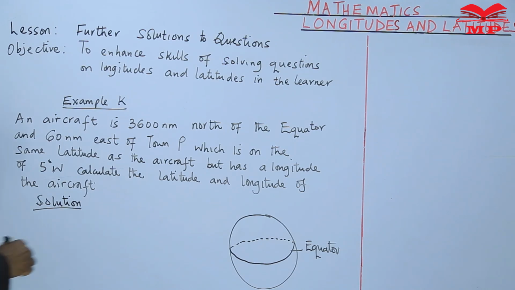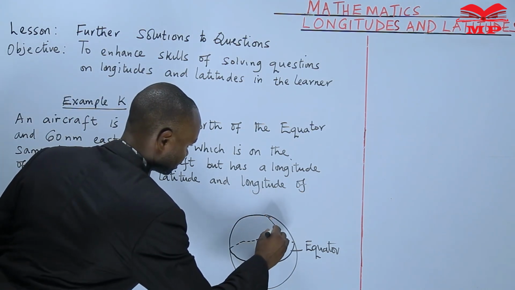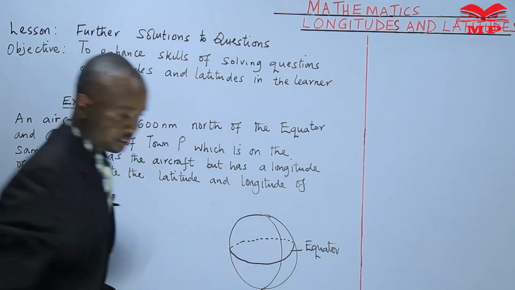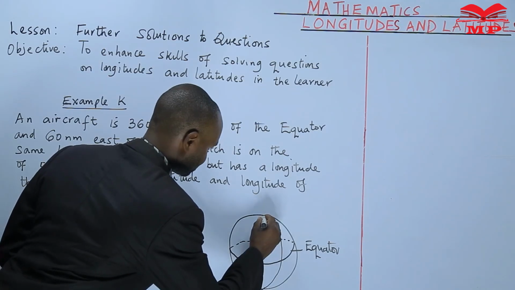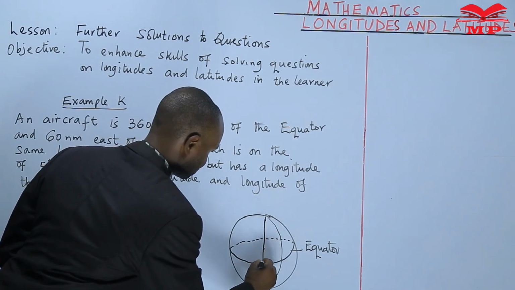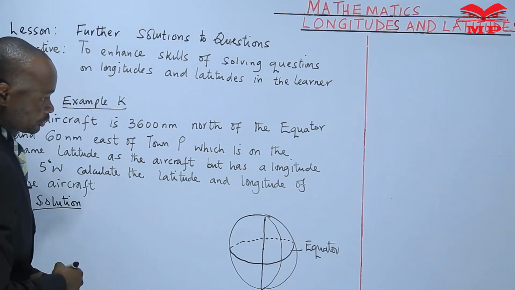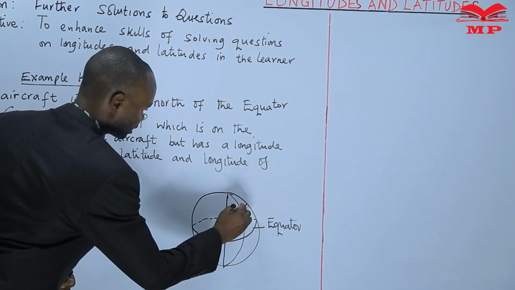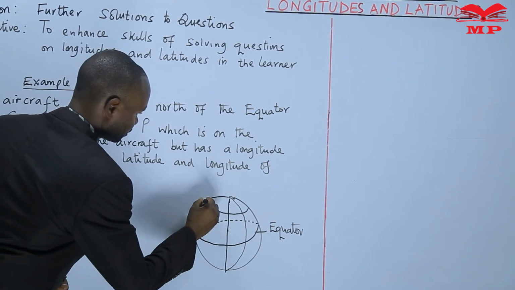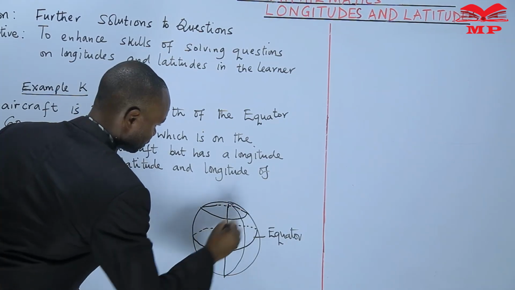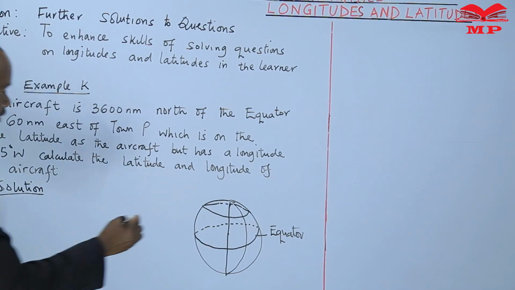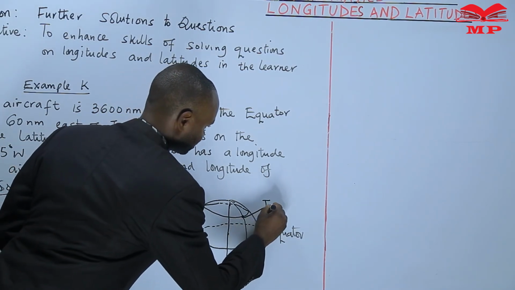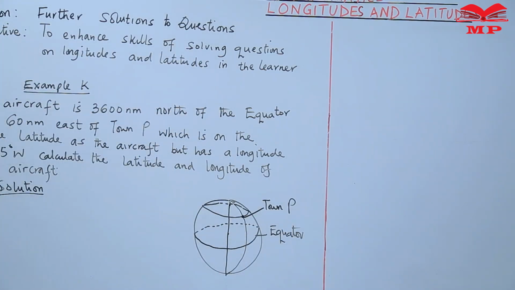So you can try to locate that. Given that this is the Greenwich Prime Meridian, the aircraft is on a certain latitude which you don't know. So this is the point of town P. There is a town there, P.